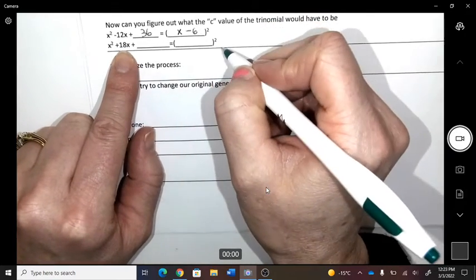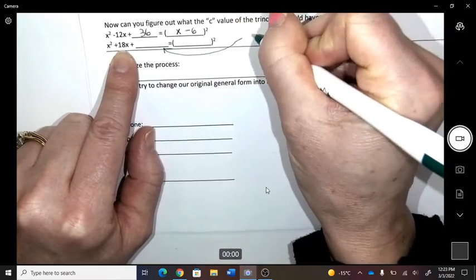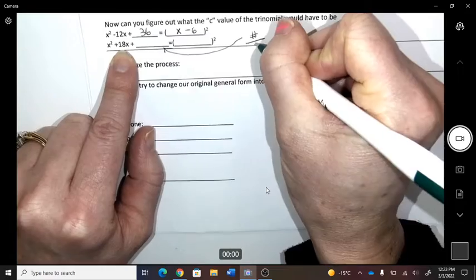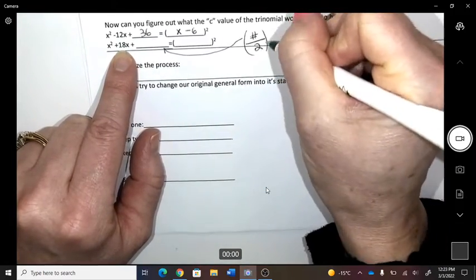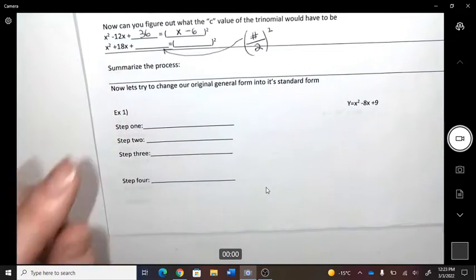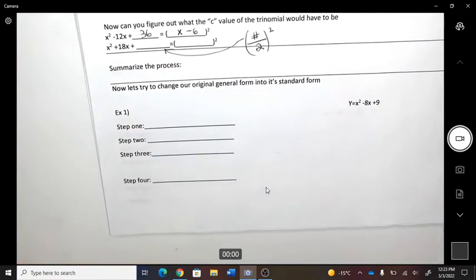Okay, so what I'm actually doing here is I'm taking that middle number, I'm cutting it in half, and then I'm squaring it. That's what I'm doing. Okay, can you fill out this one with what at the end and then what in the binomial?